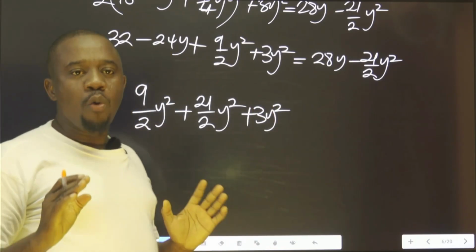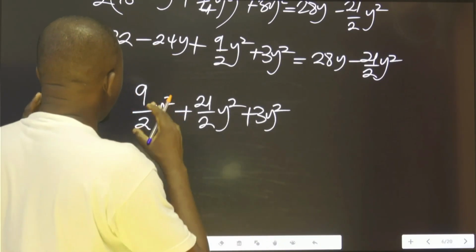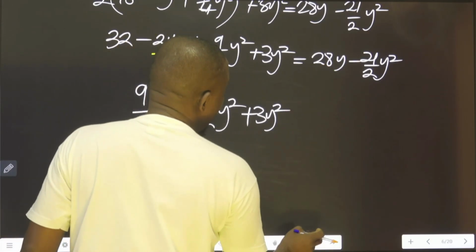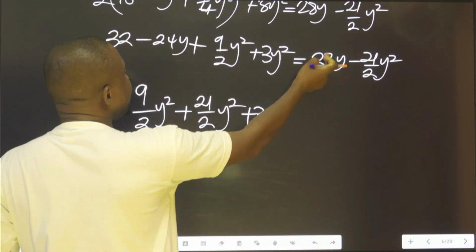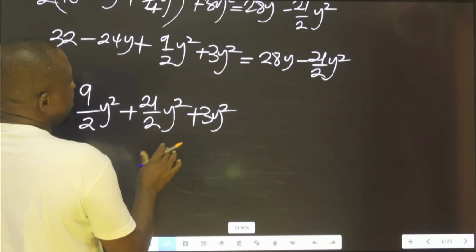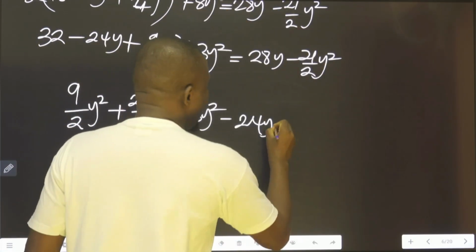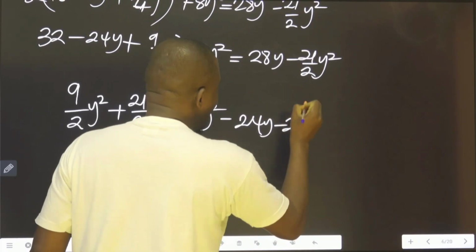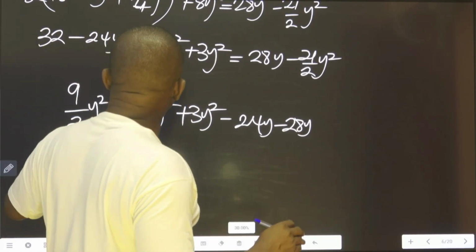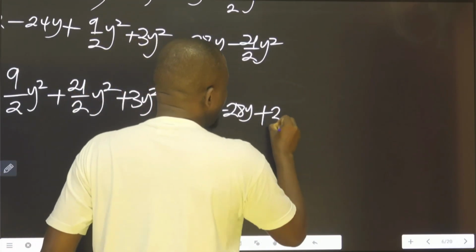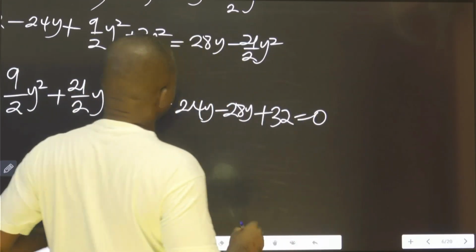Once I'm done with all the square, I'll go for these guys. And you agree with me, if I bring this one here, that is 24y. This one coming to this side becomes minus 28y. Once I'm through with that now, I bring in this 32. So 32 will remain here equal to 0.